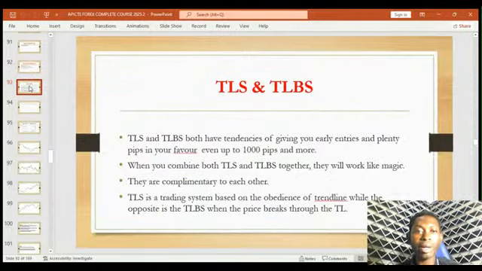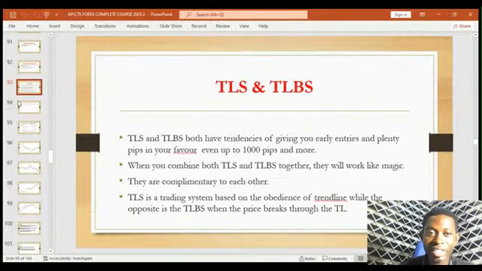So let's combine things together. The trend line strategy, which is the bounce, the one I've taught you before, TLS, trend line strategy. That's trend line bounce, the one I taught you last week. Now, the one I want to teach you now is the trend line breakout strategy. Both have a tendency of giving you early entries and plenty of pips in your favor, even up to 1,000 pips and more.